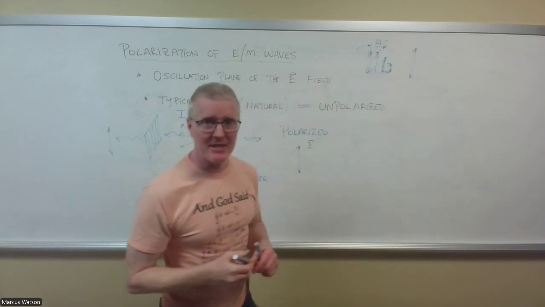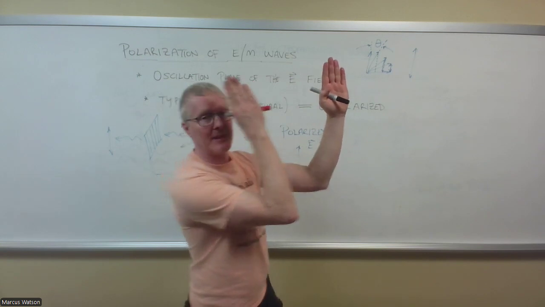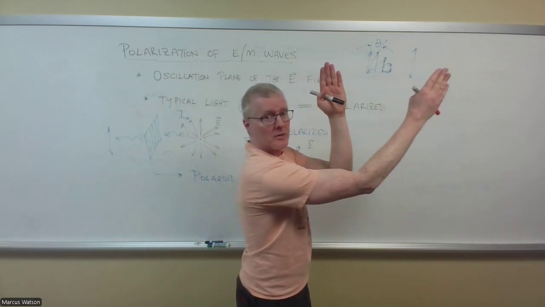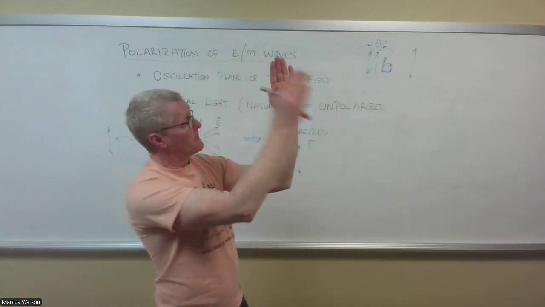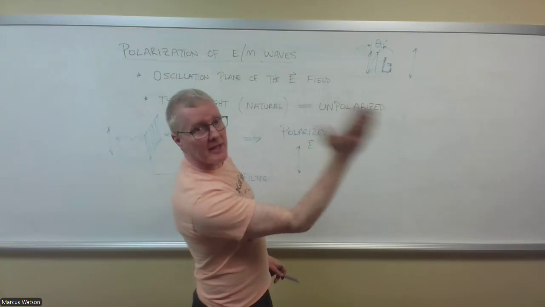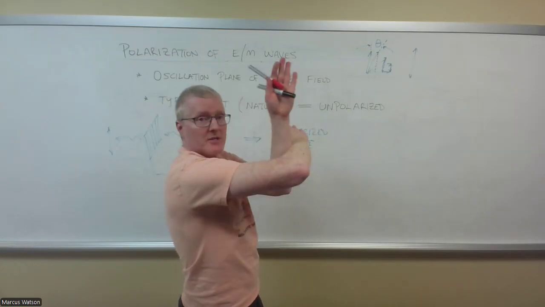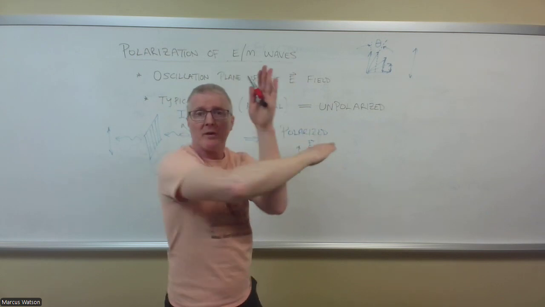And if theta is 0, that means the Polaroid filter and the polarization of the light are completely lined up and it will pass directly through. Okay. If it's off, then it's going to get some of it blocked. If it's completely horizontal, and these two things are at 90 degrees to each other, then it will get blocked completely.